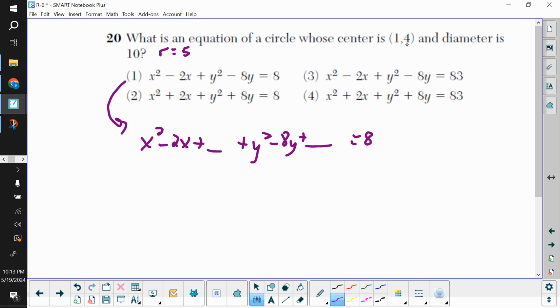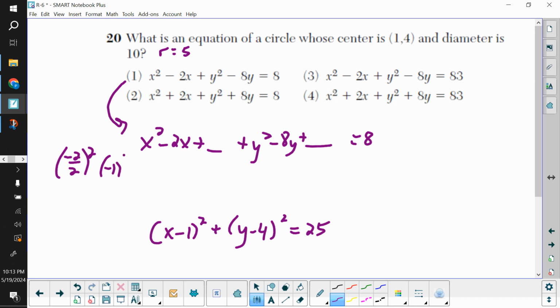Now, if we want a center of 1, 4, eventually we're going to want x minus 1 squared plus y minus 4 squared. And if we want a radius of 5, 5 squared gives us 25. So this is the equation we eventually want. Well, for the negative 2 for the x, we would do negative 2 over 2 squared, which gives us negative 1 squared.